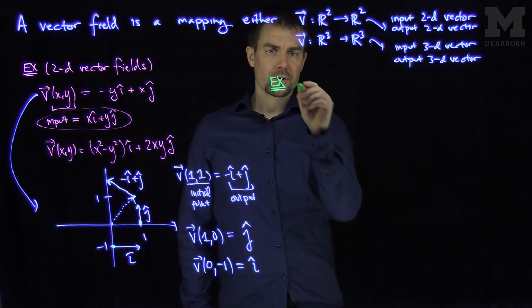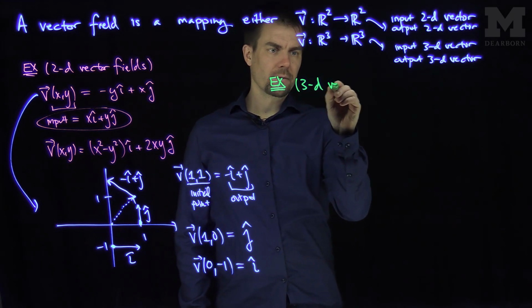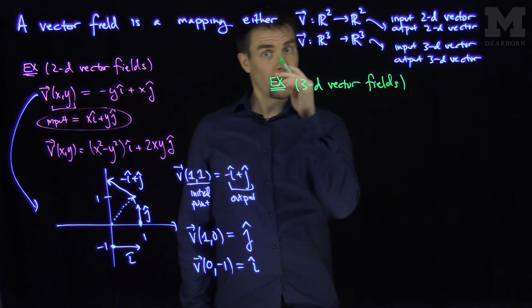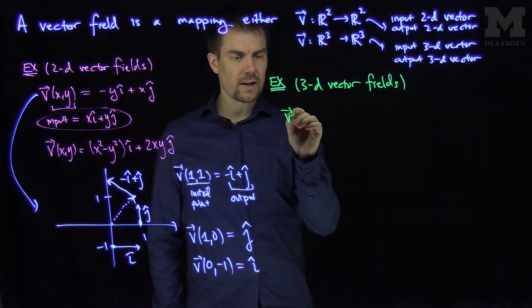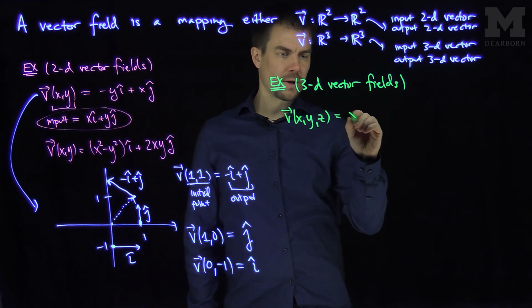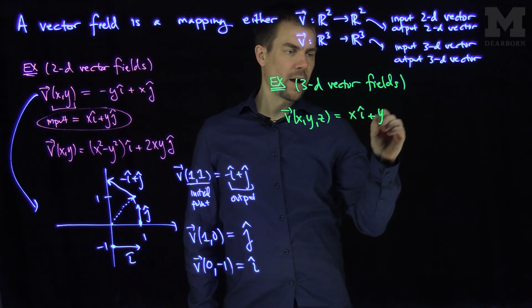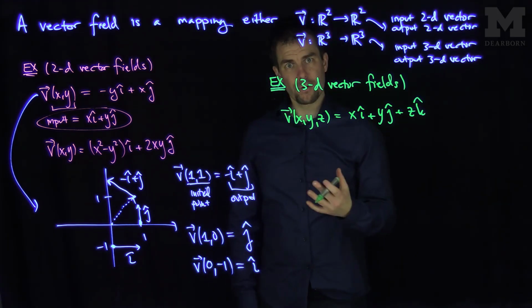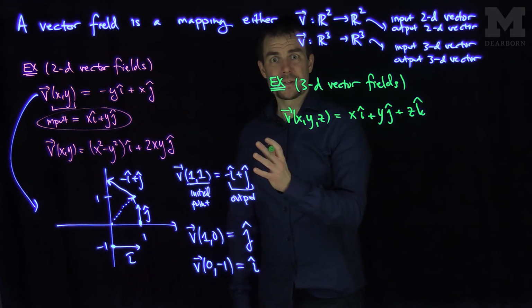If we now look at some examples of three-dimensional vector fields, what will we have? So here are some examples of 3D vector fields. We'll do a classical one, which is v of x, y, z. Relatively simple. You input x, y, z, and you output x i hat plus y j hat plus z k hat. In other words, your input vector is immediately output as the same vector.